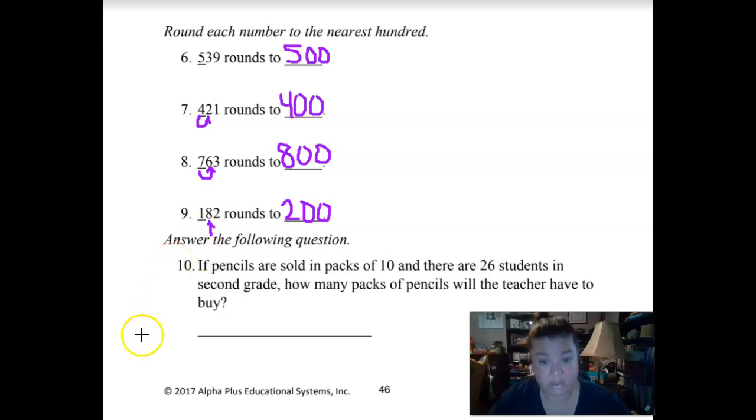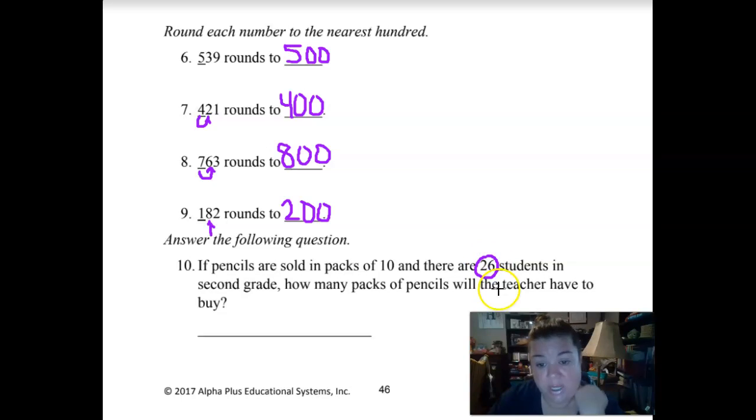Okay? Let's try some word problems. If pencils are sold in packs of 10 and there are 26 students in second grade, how many packs of pencils will a teacher have to buy? Okay, so think about this.